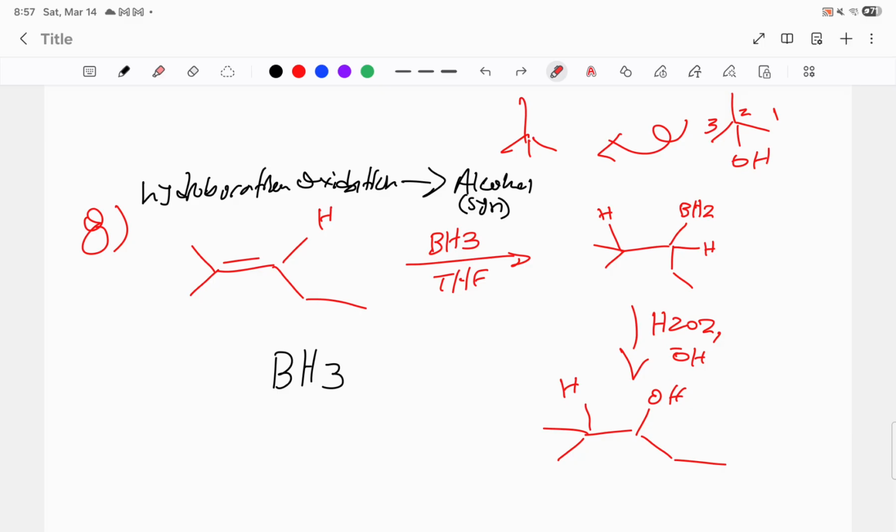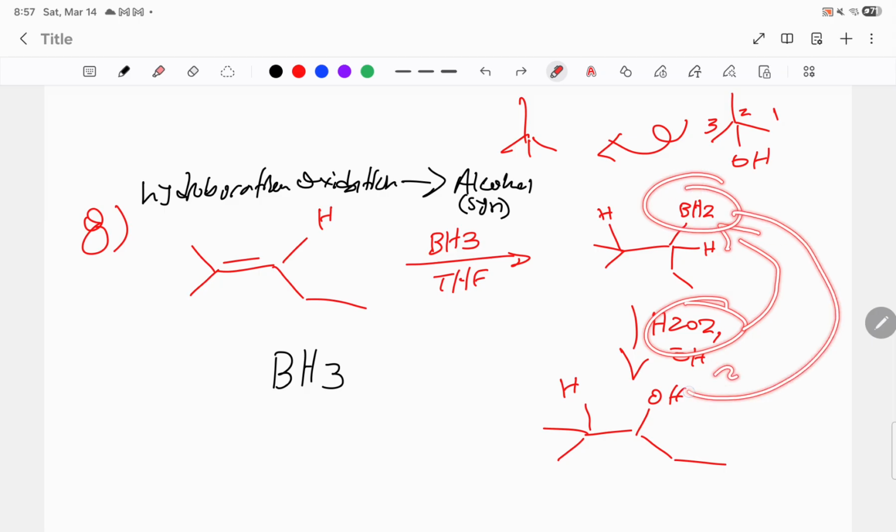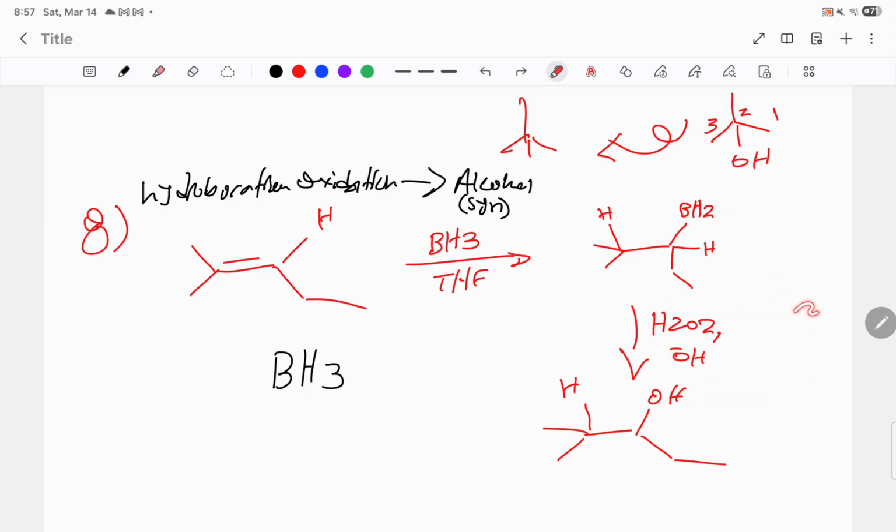But remember, this reaction is called hydroboration oxidation. So I'm adding a borane and a hydrogen. Here's my borane and a hydrogen. And I'm doing an oxidation step, which is this step right here. And essentially, all this step is doing is replacing my borane with an OH. Okay? That is all that it is doing.